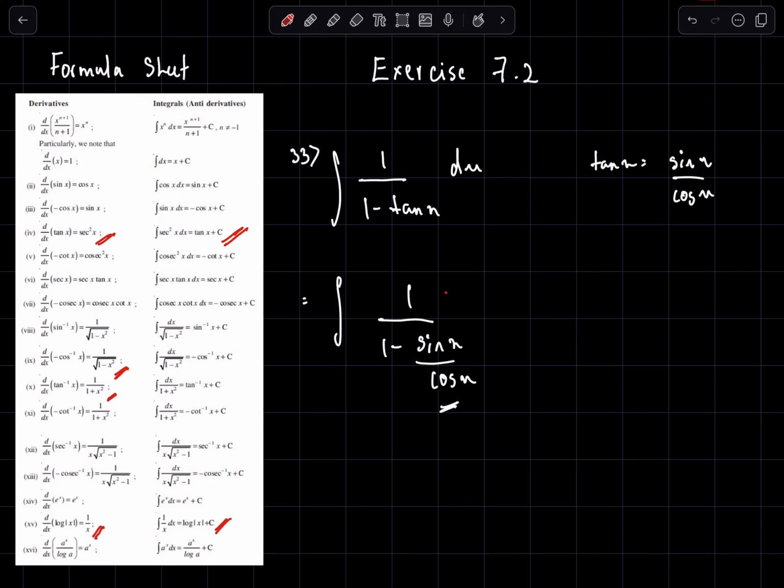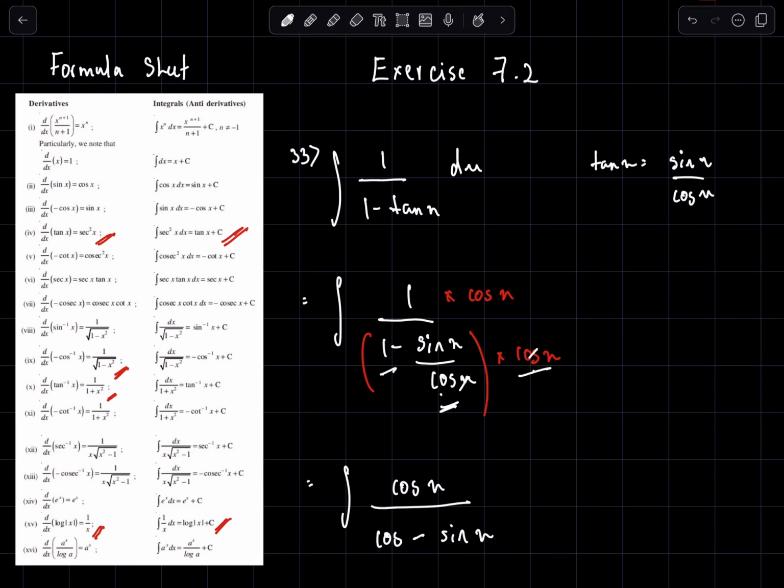Multiply the numerator with cos of x and the denominator with cos of x. So what is this? You've got integral of cos of x divided by cos x minus sine x. So this times 1 and this times this, the cos gets cancelled in the fraction.